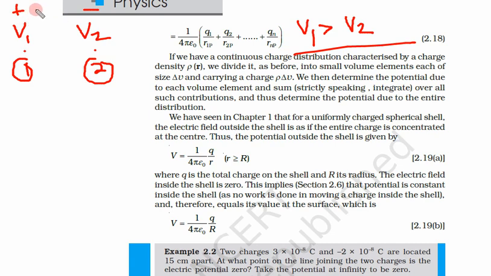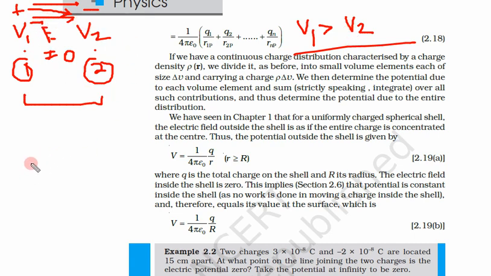So there must be some electric field lines from positive to negative, and if you find electric field lines from positive to negative, that means there is an electric field which is not 0. So the potential has a difference. V1 is more than V2, hence there must be an electric field.